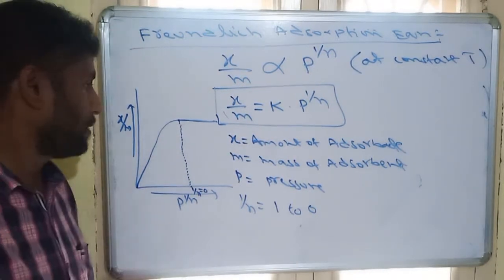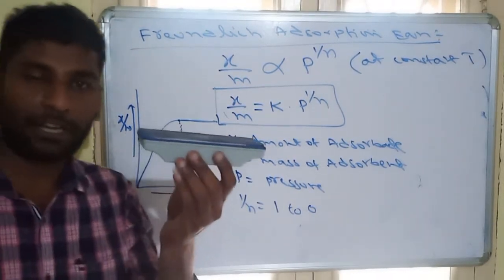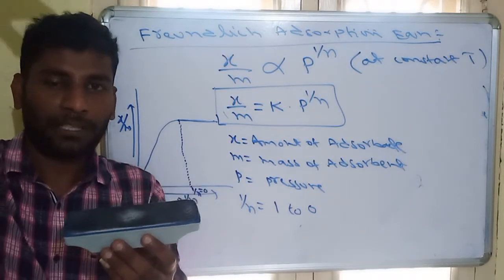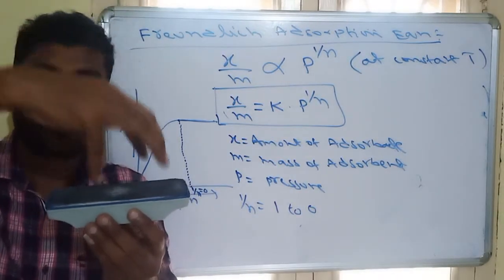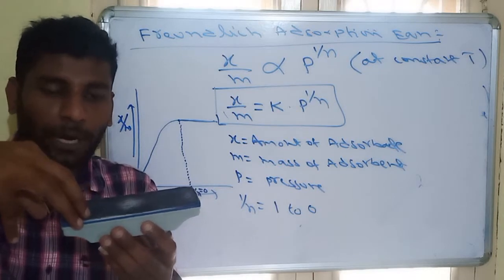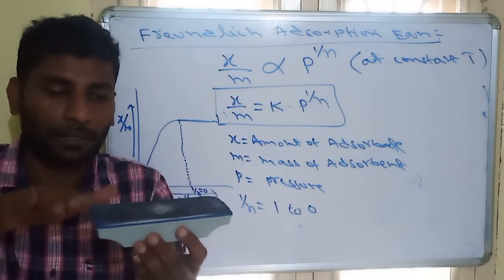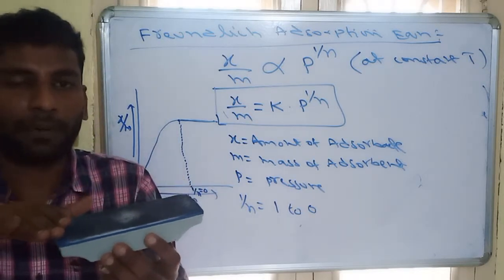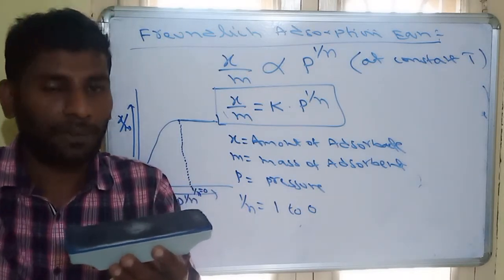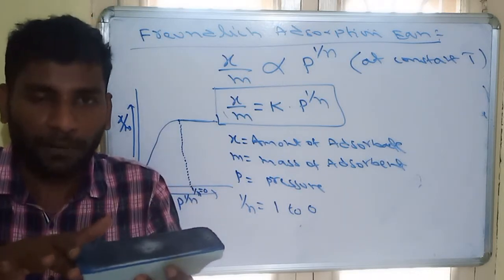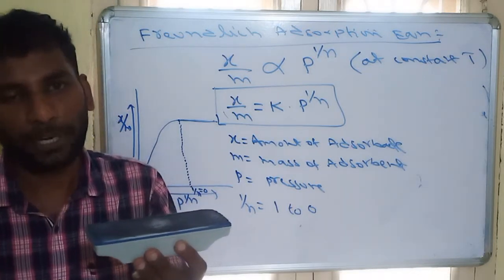See this. Suppose this is an adsorbent, and on this surface some adsorbates are there. On increasing pressure, more particles will occupy this surface. But after some time, the surface is completely covered. After the surface is completely covered, whatever extra pressure we use will be useless, because adsorption is completed.